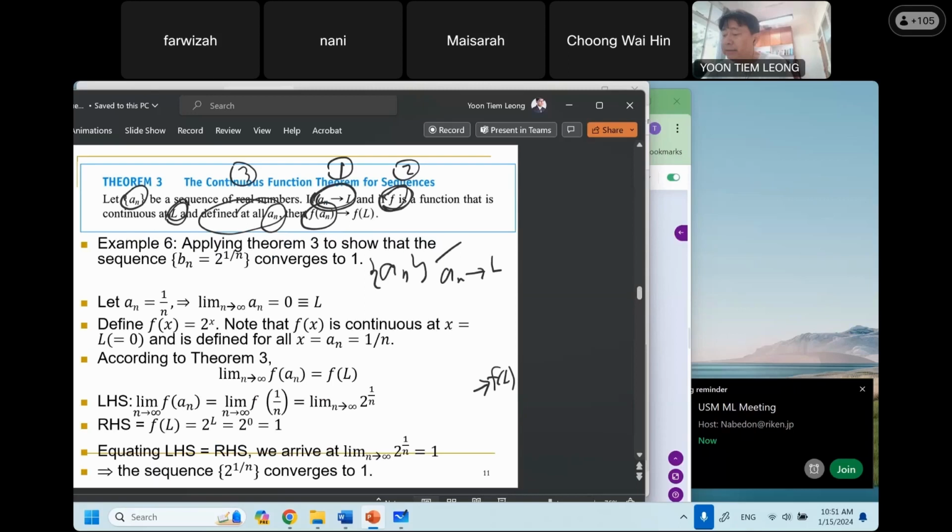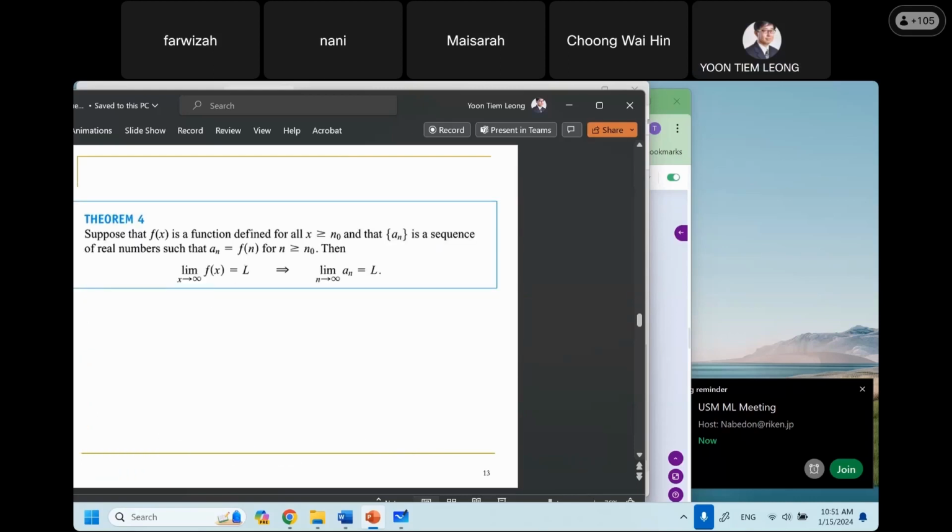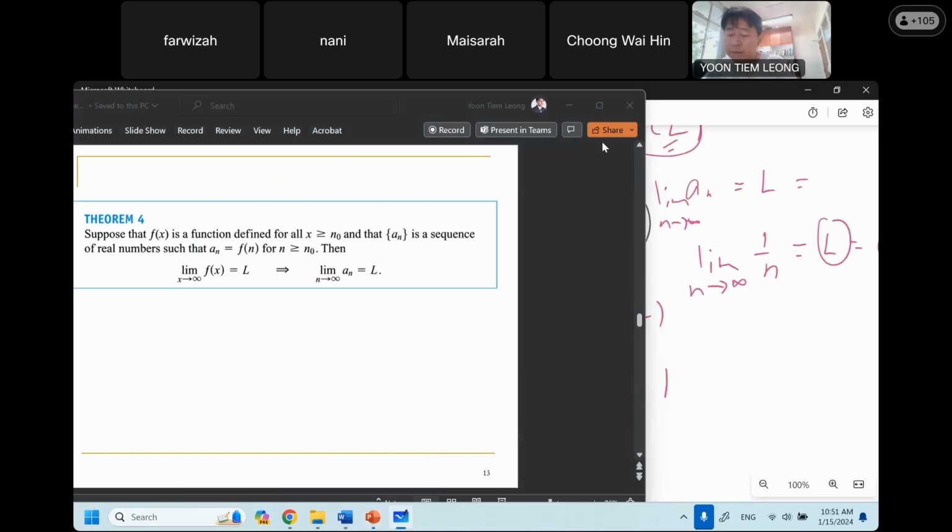Then you have to make sure that f fulfills conditions 2 and 3, and you also need to know the limit of the sequence L. Putting this together, you can use theorem 3 to calculate the limit of a sequence. In theorem 4, things are slightly different, but it's easy to understand.